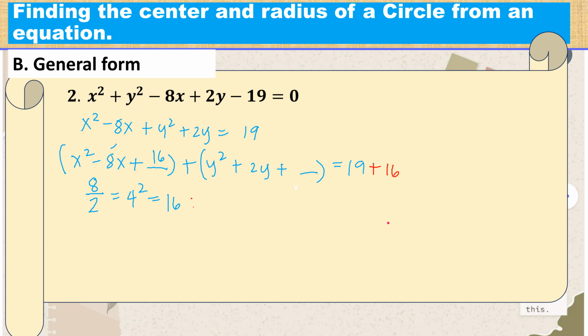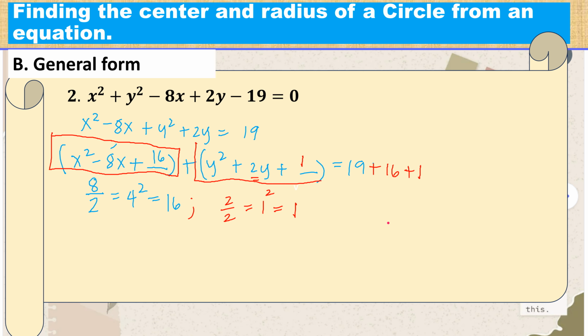And then for that, we have the 2 there divided by 2, which is equal to 1. And then squaring 1 will still give us a 1. Thus, we add a 1 in here, and we also add a 1 here. So therefore, this set is already a perfect square trinomial.